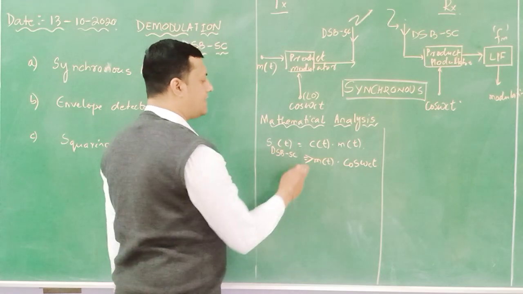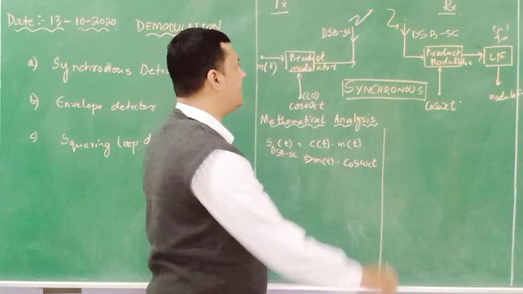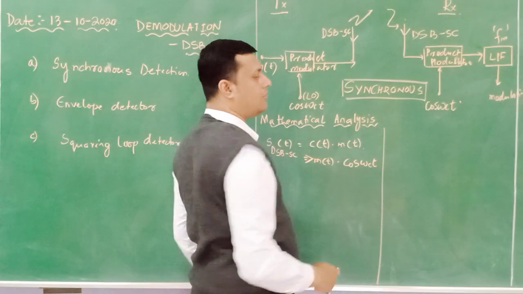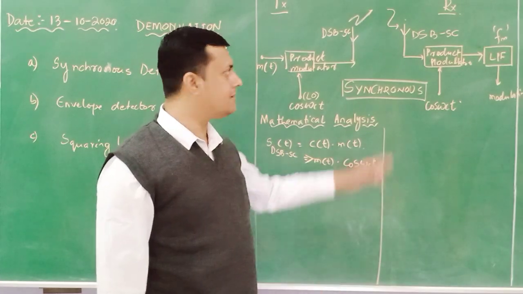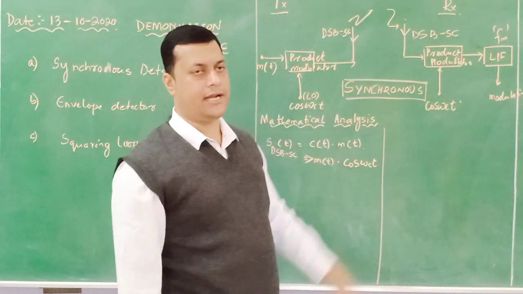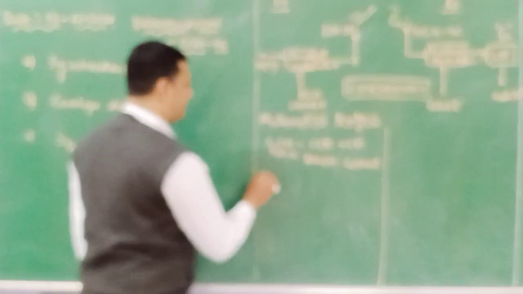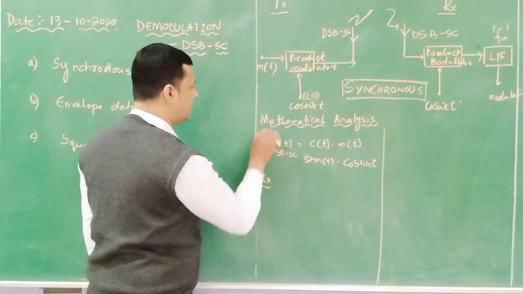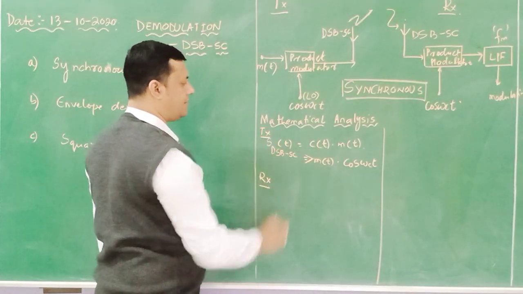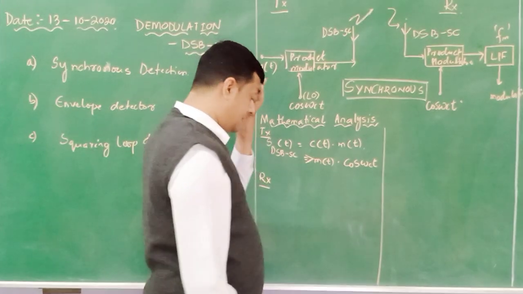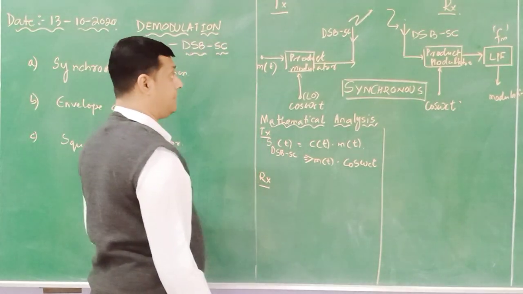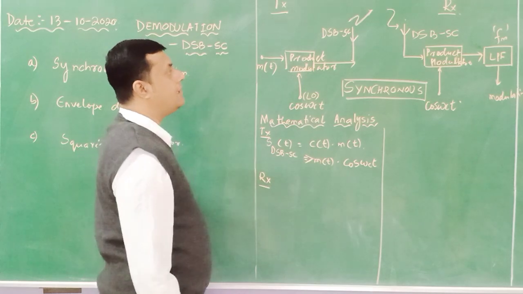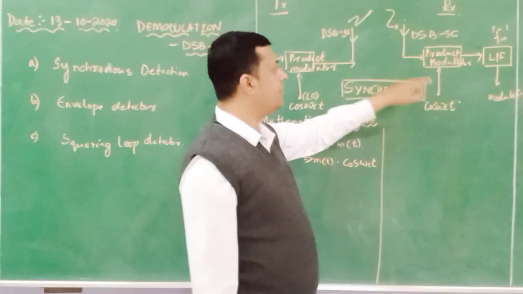Now once this DSB-SC signal is generated, it is transmitted over a particular channel and it is received at a receiver end. This is the transmitter part, generation of DSB-SC signal. Then at the receiver end, we receive the modulated DSB-SC signal.